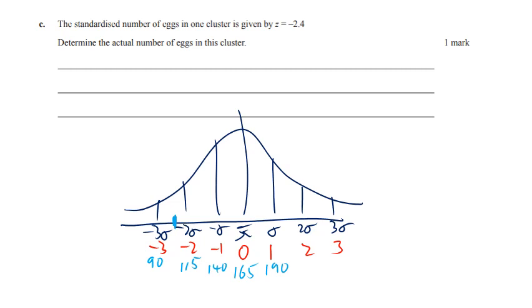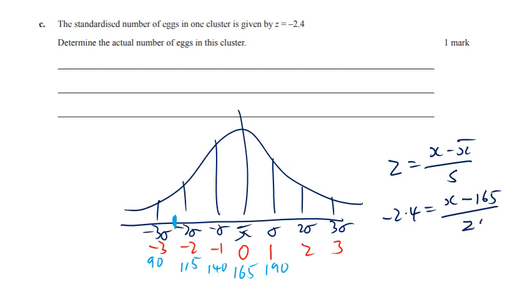Okay, so then we got to get to our formula for z-score. Z equals x minus x bar over s. So we know minus 2.4 equals the mystery number x, which we're trying to find, minus the mean, which we know is 165, divided by 25. So you can put that into your calculator and do a solve on that, but it's not really that hard.